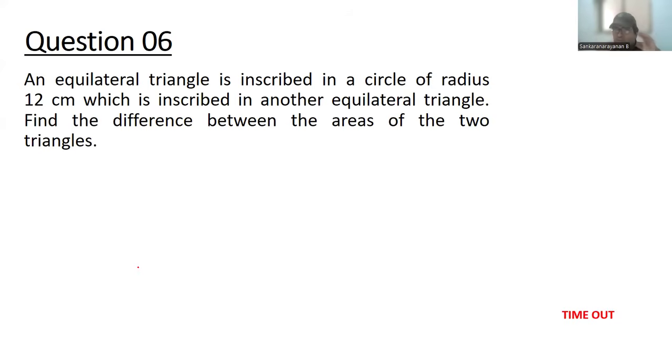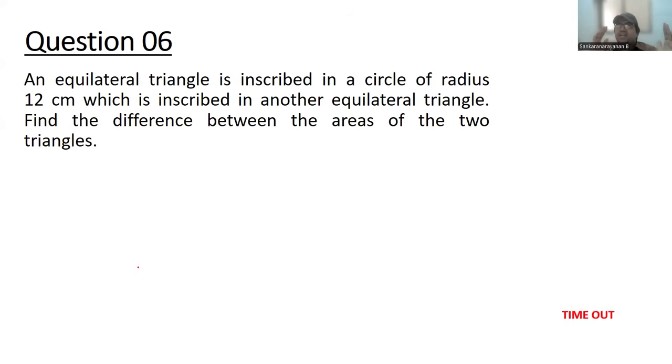So an equilateral triangle is inscribed in a circle of radius 12 centimeter. That circle is inscribed in another equilateral triangle, which means that circle is the incircle of the bigger triangle. You should be very focused when you are reading that question.